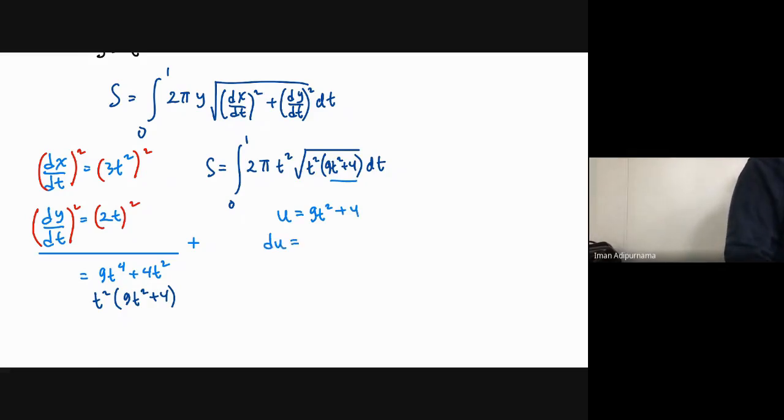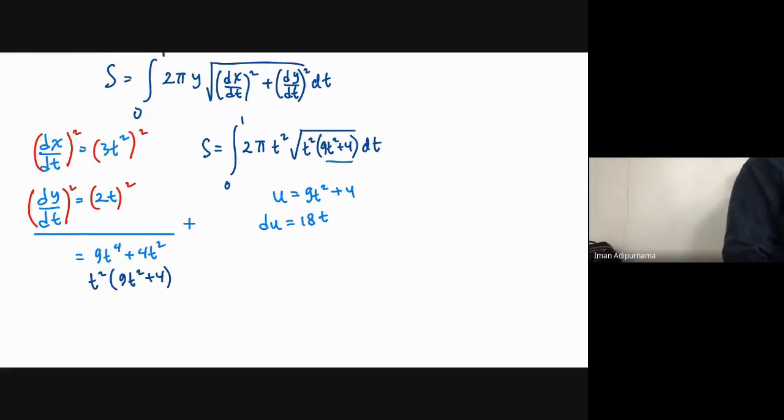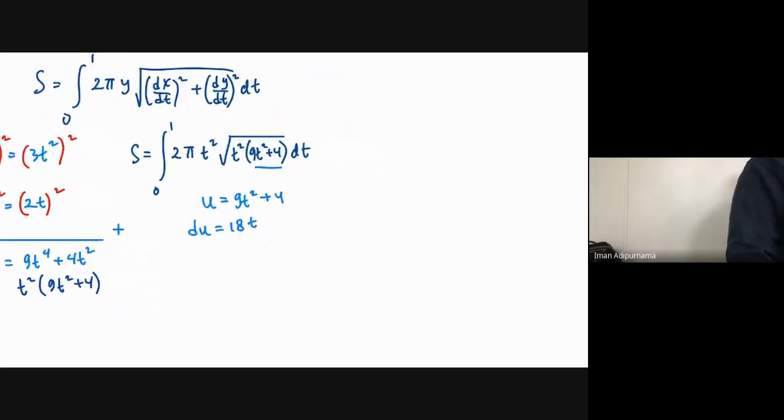If I derive this, we can get 18t, right? And from here also, we can find t squared is u minus 4 divided by 9.